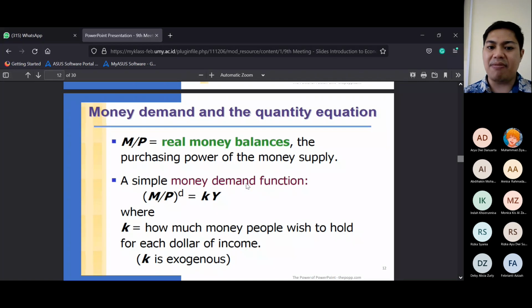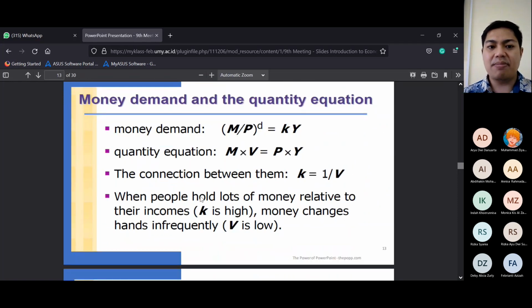So here's the simple demand function. We have M over P equals k Y. The k here is how much money people wish to hold for each dollar of income. Quantity equation: k equals 1 over V. So when people hold a lot of money relative to their incomes, money changes hands infrequently, or V is low.